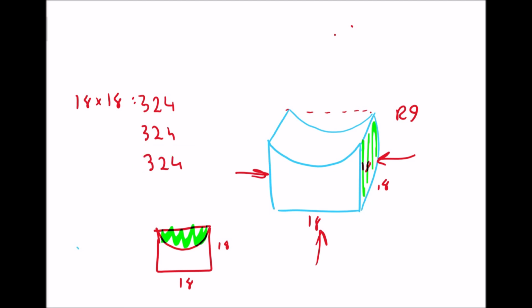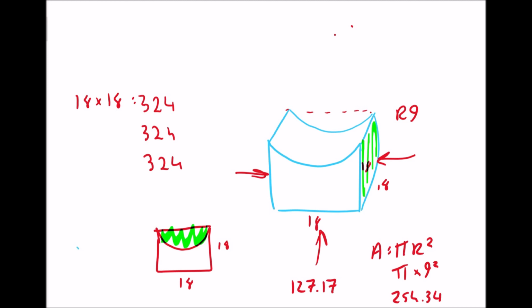So the area, pi r squared. So pi multiplied by the radius, which is 9 squared. So it's 9 multiplied by 9 multiplied by 3.14, which is 254.34. Okay, now that's the full circle, so we divide by 2 and we get 127.17.